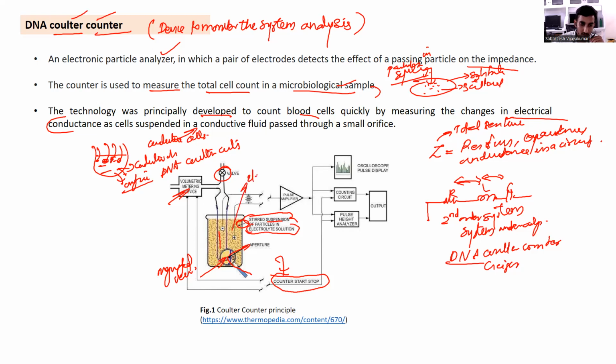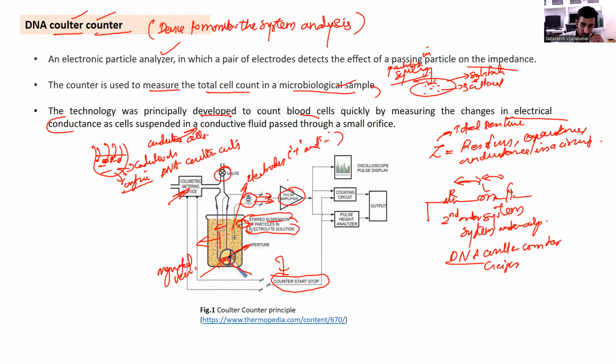There are two electrodes, plus and minus, and as soon as a fluctuation happens in this circuit or in this fluid, it will be recorded by this electrical circuit and transmitted to a pulse amplifier.